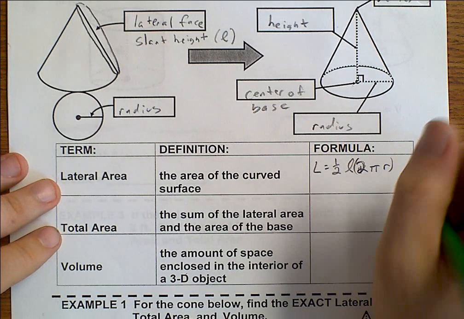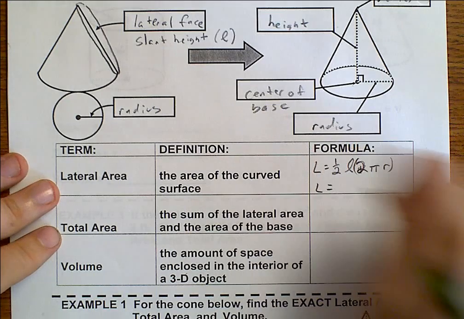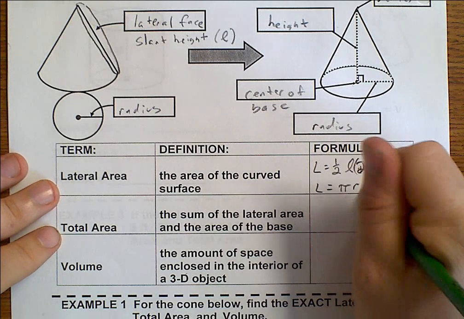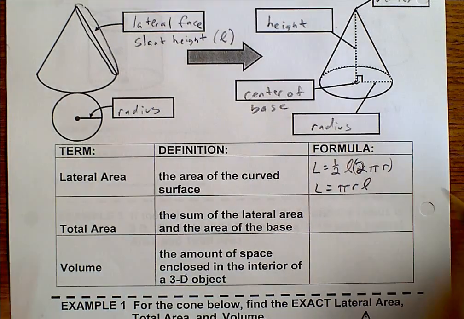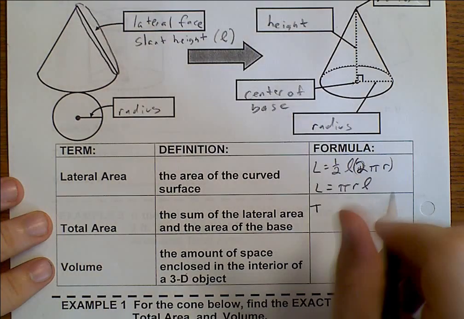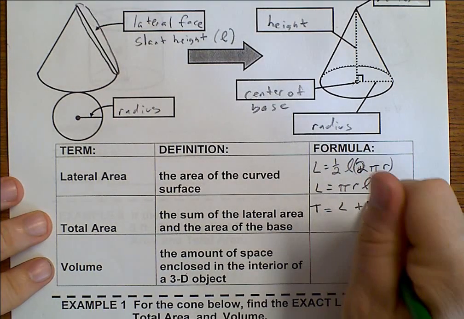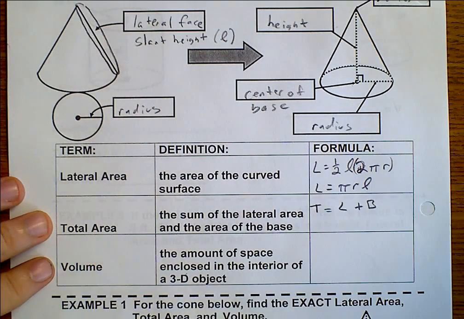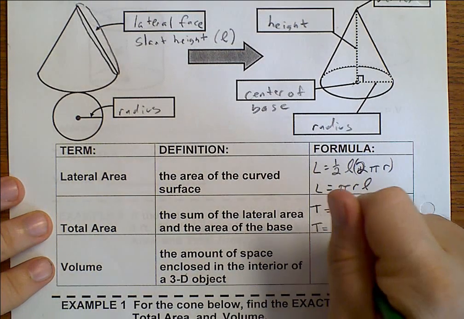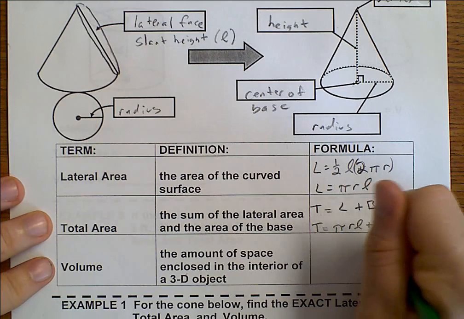A cleaner way to write this would be pi r l. Now our total area would be the lateral plus the area of just one base because we only have one. So that means we're talking about pi r l plus pi r squared.